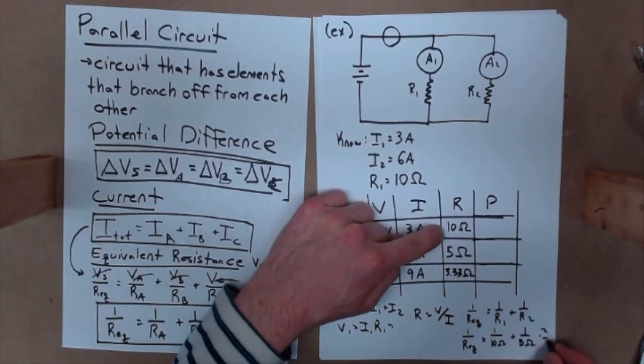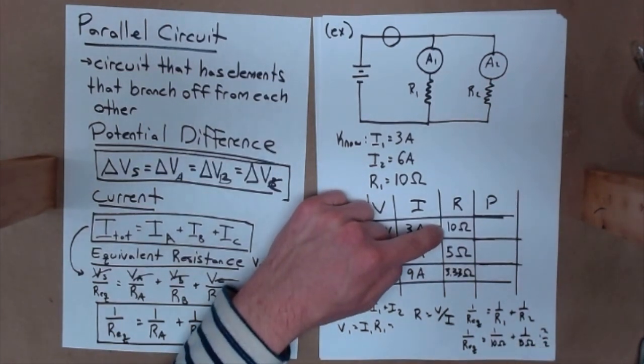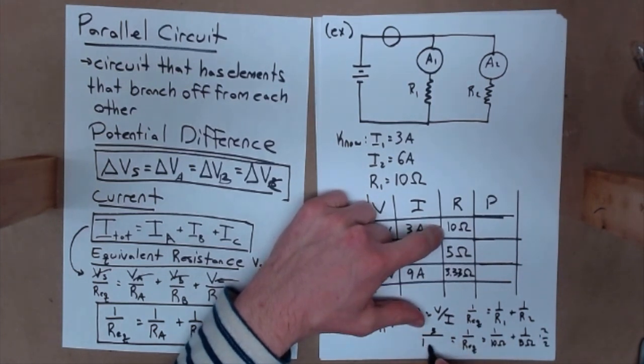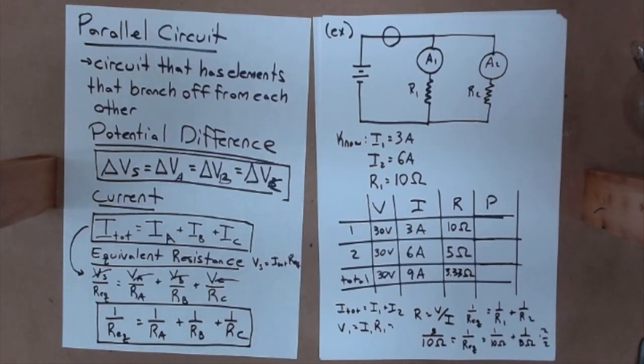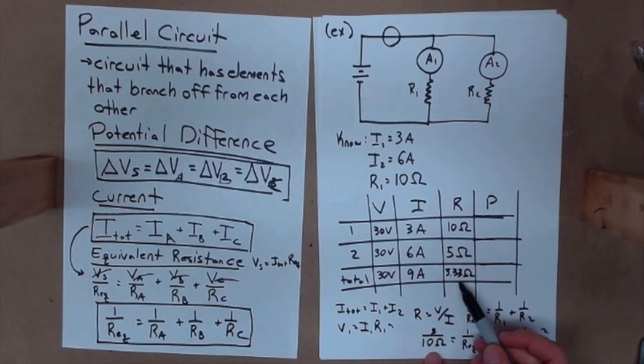Let's multiply this one by 2 over 2 in order to get a least common denominator. And so then 1 over Req, I'm sorry, I know this is kind of sloppy, is equal to 3 over 10 ohms.